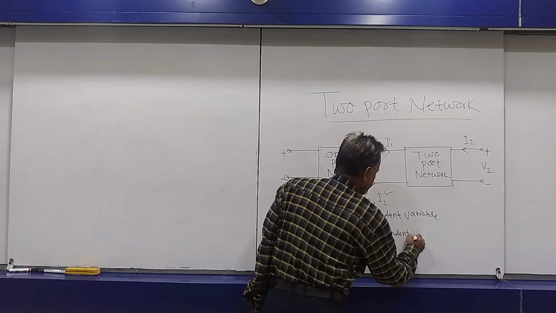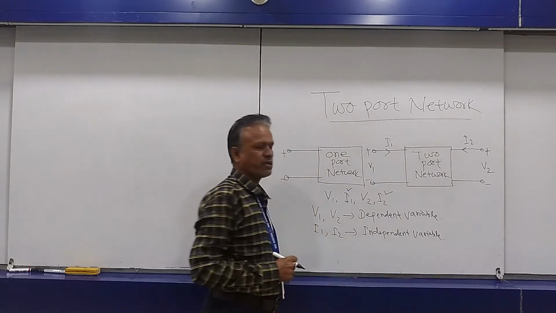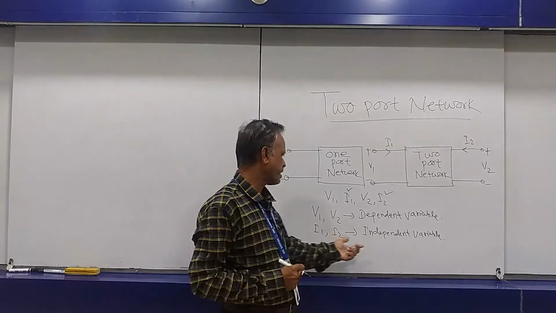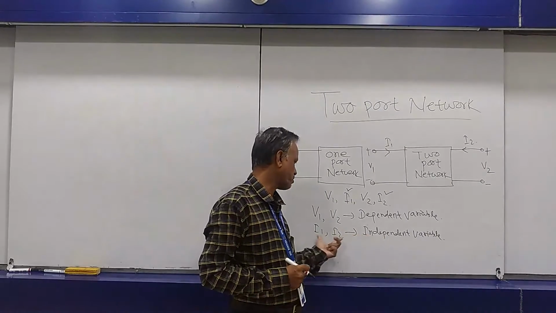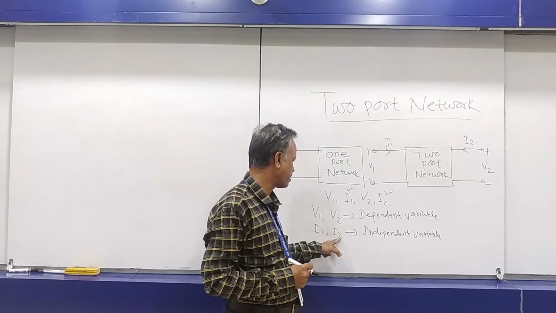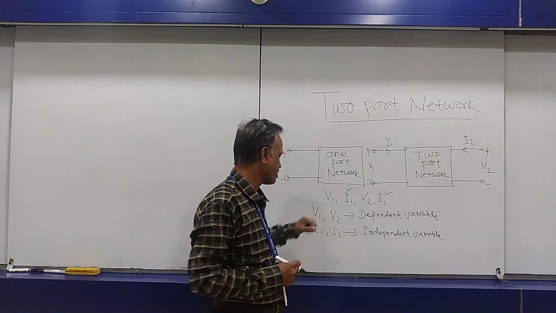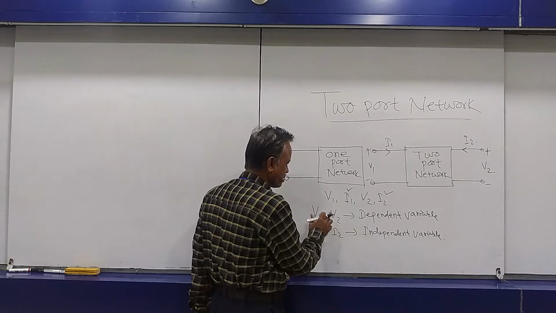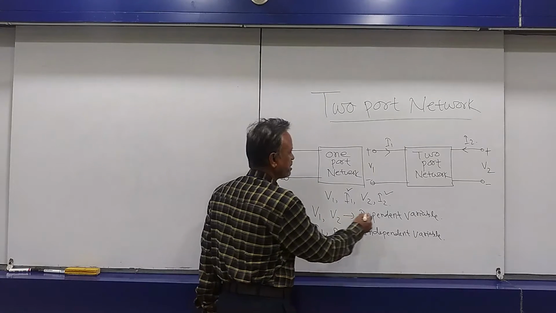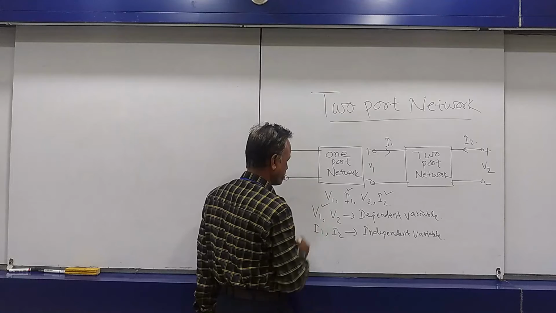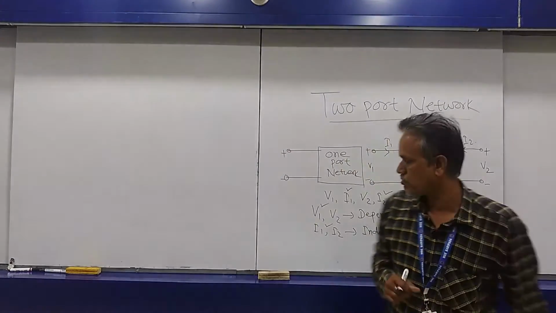That means their value can be taken at any value. They are independent to take any values, I1 and I2, and V1 and V2 depend upon I1 and I2. That is why V1 and V2 are known as dependent variables, while I1 and I2 are known as independent variables.